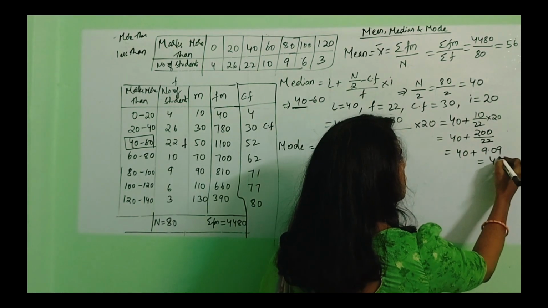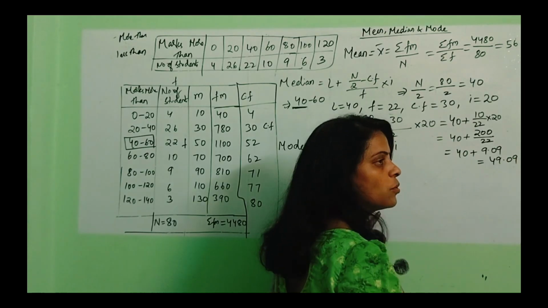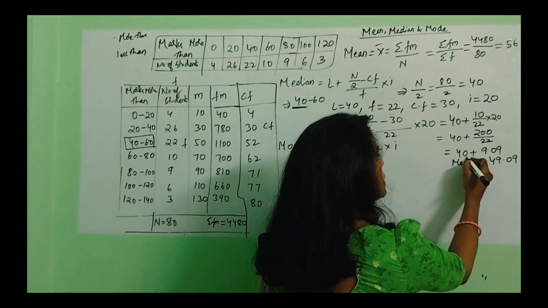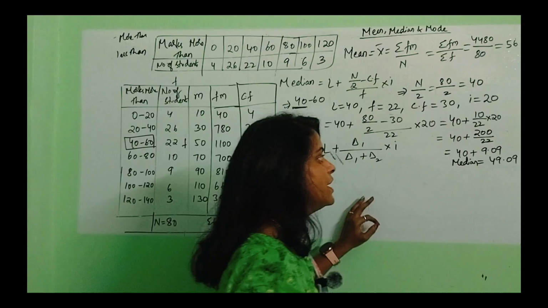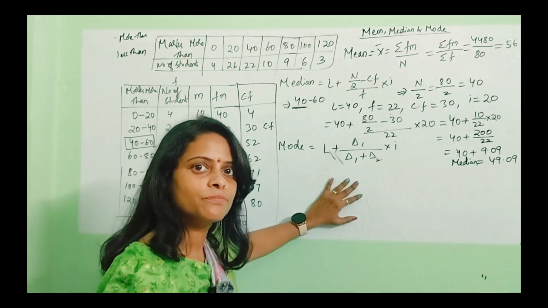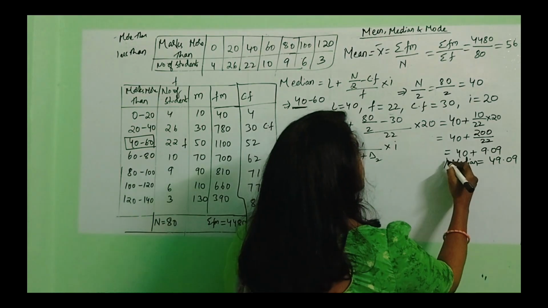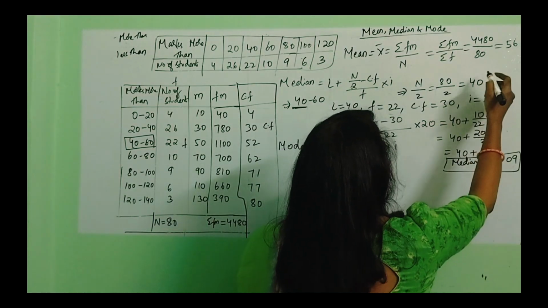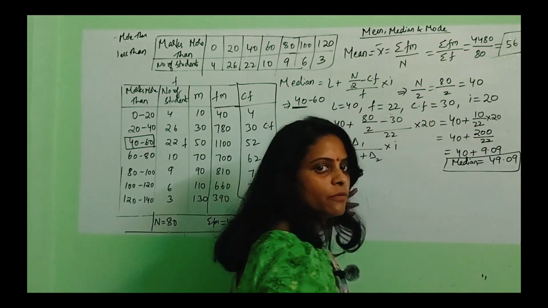Okay, so that will become 49.09. So what is this? This is your median value. Median equals to 49.09. Okay, so this is the median.